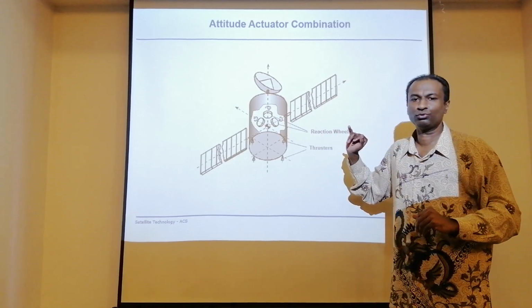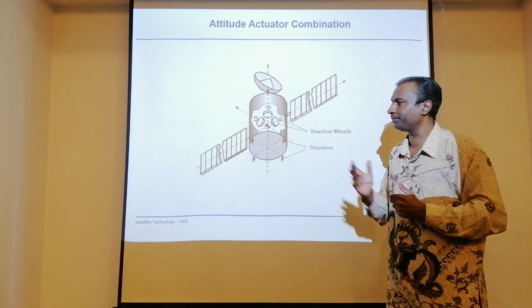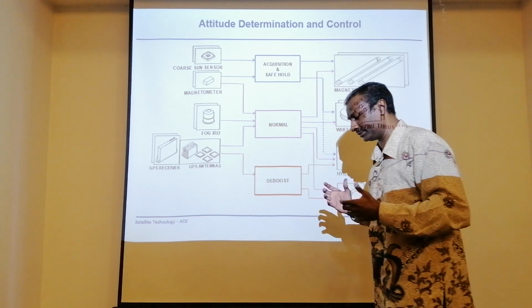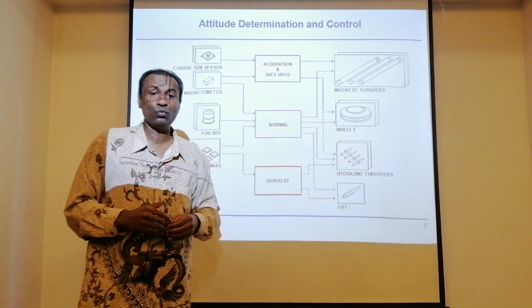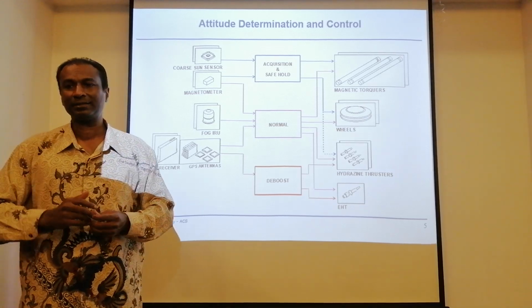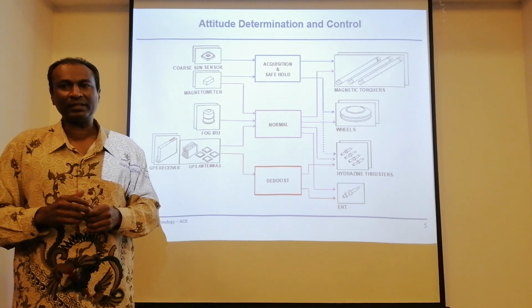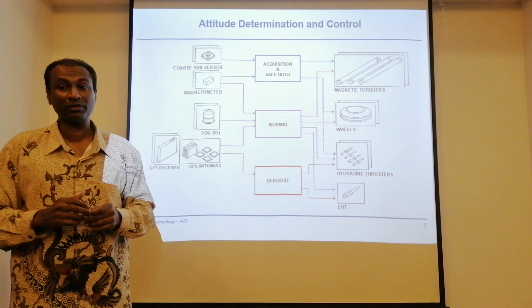Reaction wheels can be used to stabilize the attitude of the satellite because they give us the rotational motion. But other than these fundamental motions and actuators, we also have other varieties of actuators that we can pick and choose to induce rotational motion.